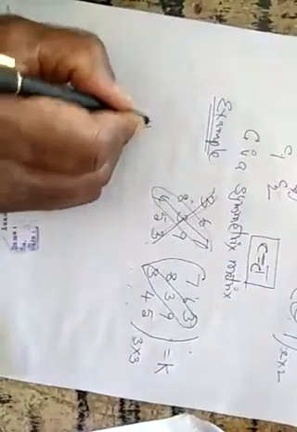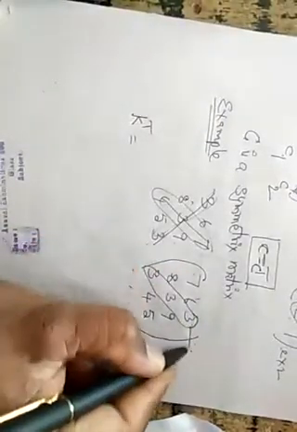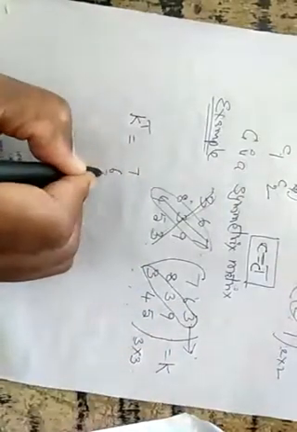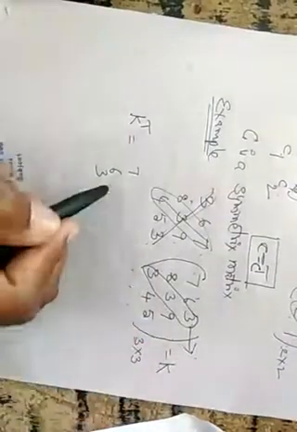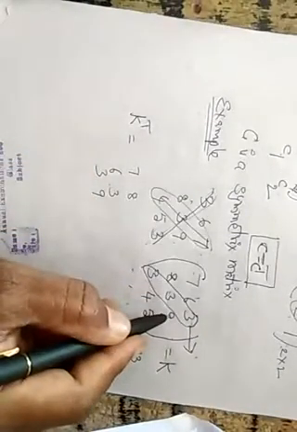Now I am writing the transpose of K. I have to convert rows into columns. I take row 1, 7, 6, 3, and write it as a column. The first row converted into the first column. The second row 8, 3, 9 is converted into the second column.